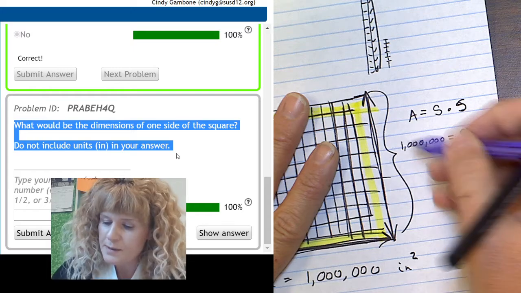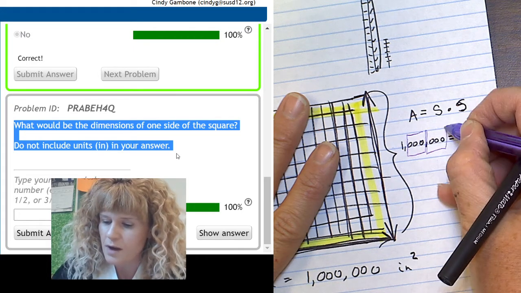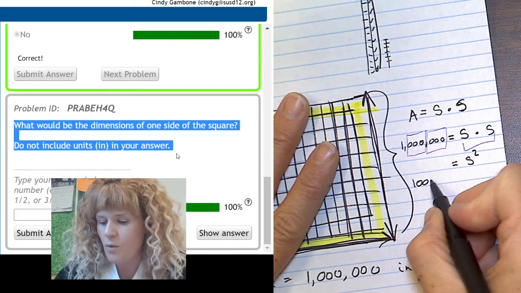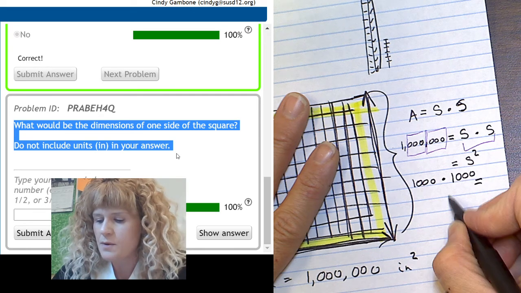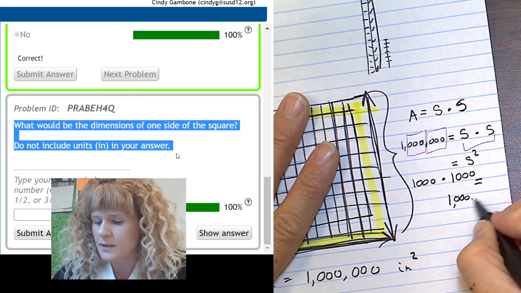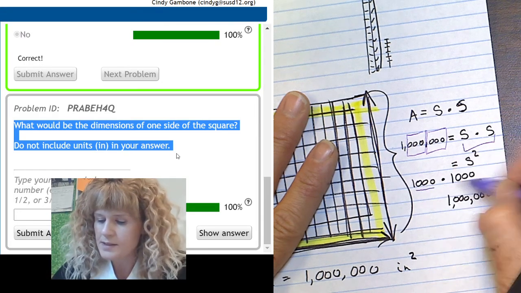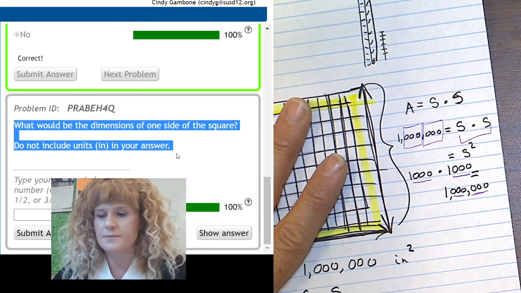Okay, well, look at this million, and I'm going to draw a box around those 3 zeros, and a box around those 3 zeros. That helps me see that 1,000 times 1,000 equals 1 million, because when you multiply 1,000 times 1,000, you just add up the zeros to get your answer.